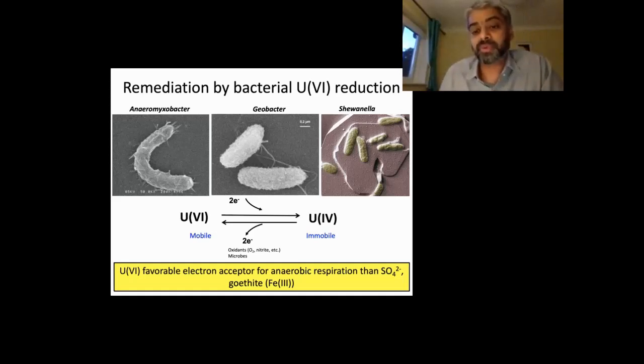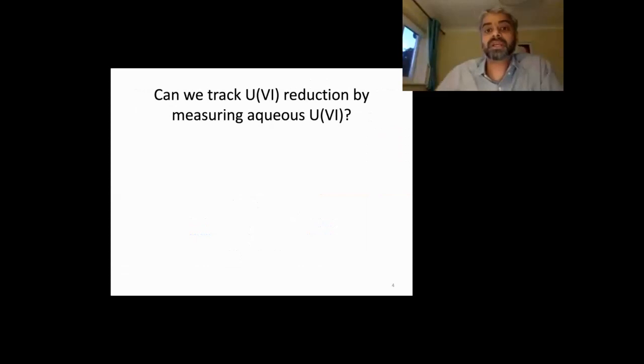Now, the obvious question is, how can we track this uranium reduction, which is a strategy for remediation? Can we track it by just looking at uranium-6 concentrations in the aqueous phase, in dissolved U6 in groundwater?